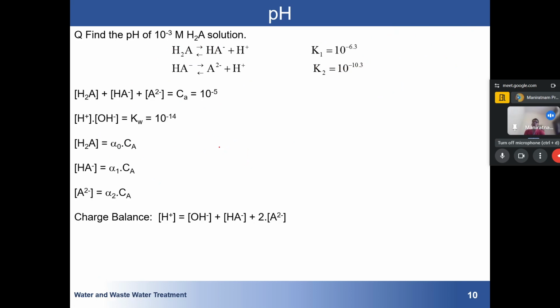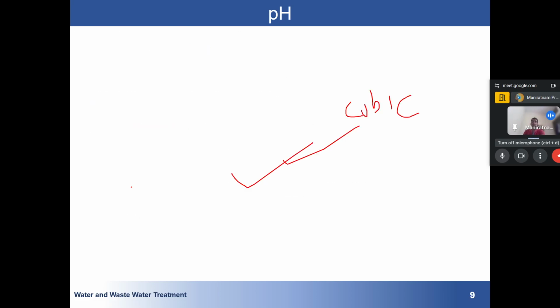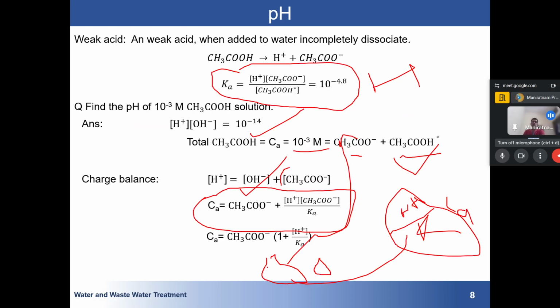So now the question is to find the pH of this 10 to the power minus 3 molar H2A solution. Okay. So again, similar to that, Ca will be in the form of H2A plus HA minus plus A2 minus, equal to Ca, and we already know this. I have already said to define two things, alpha naught and alpha 1.